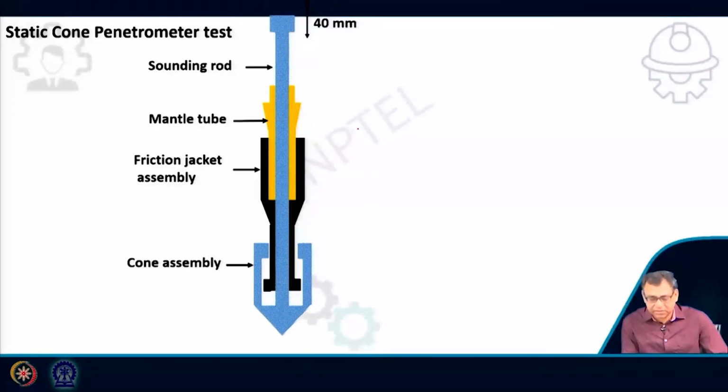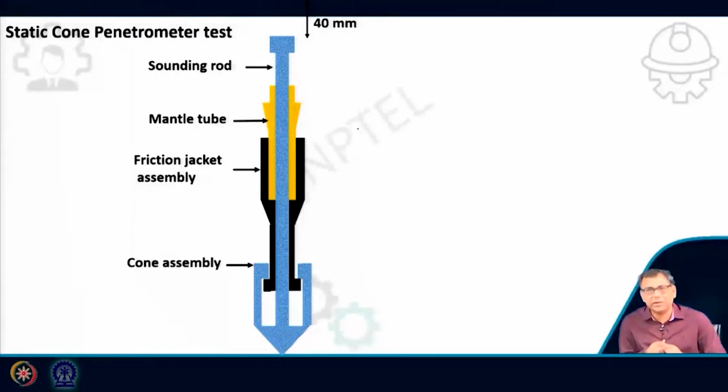In second stage, what we will do? We will push only the cone assembly by 40 millimeter. So, when you push the cone assembly 40 millimeter, you will get the resistance. So, we will note down that resistance, that will give me the cone resistance or the tip resistance QC.